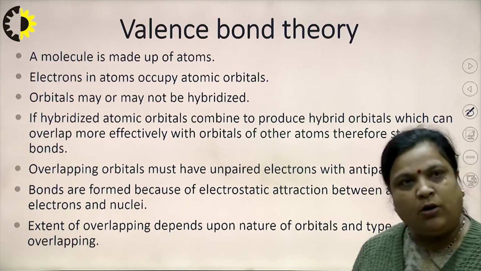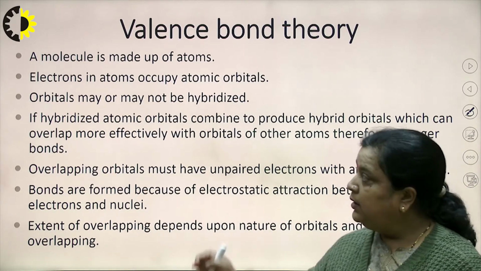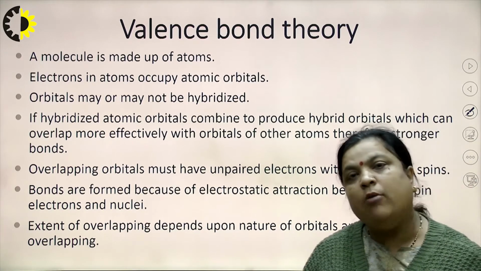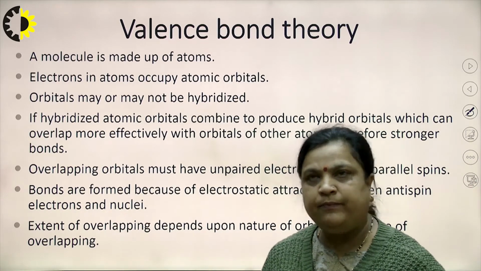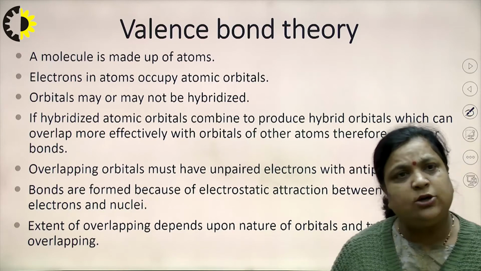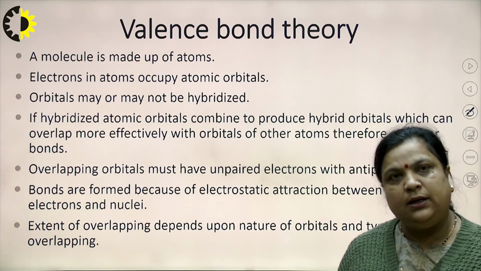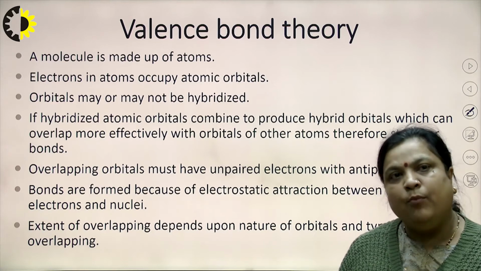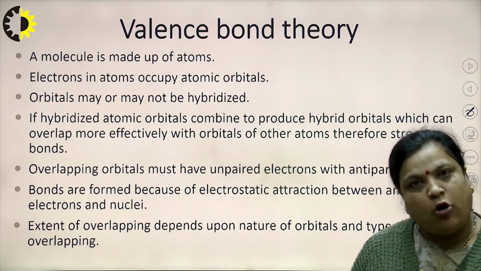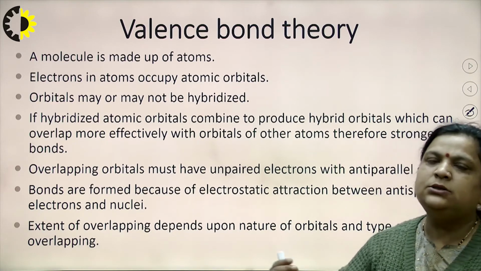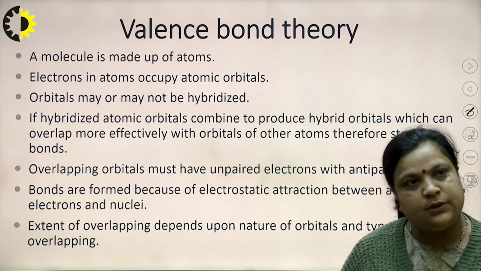Orbitals may or may not be hybridized. Hybridization is basically combination and then redistribution. If hybridized atomic orbitals combine to produce hybrid orbitals, they can overlap more effectively with orbitals of another atom, so a strong bond gets formed.